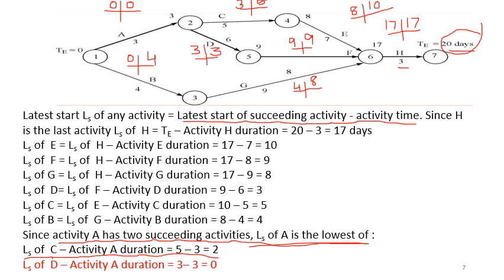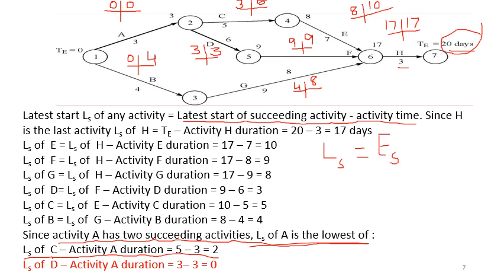So now looking at this particular network, identify those activities where your LS and ES values are equal. Wherever your LS and ES values are equal, those activities will be your critical activities for this network.